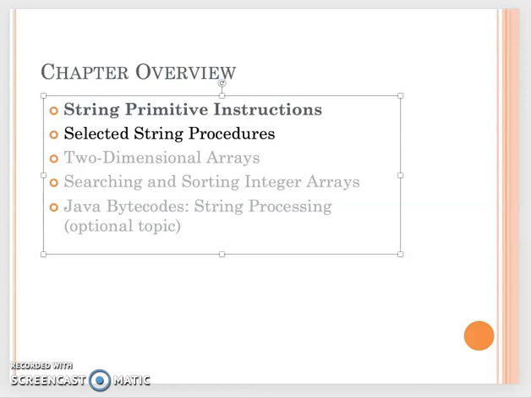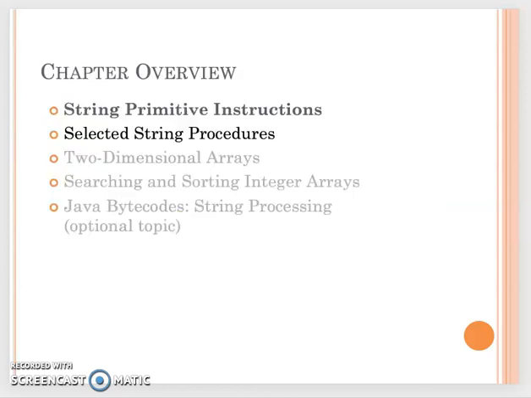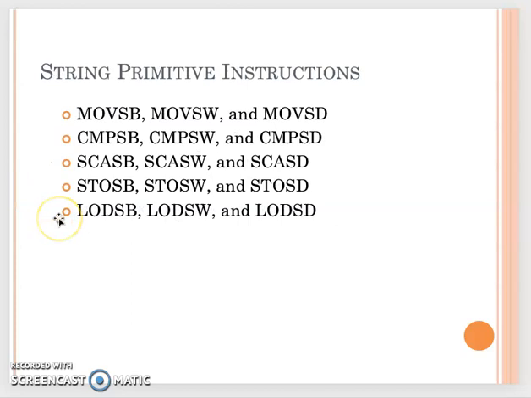So the first thing we see is the string primitive instructions we have in assembly language. We have 5 primitive instructions we want to introduce in this module: move, compare, scan, store, and load.